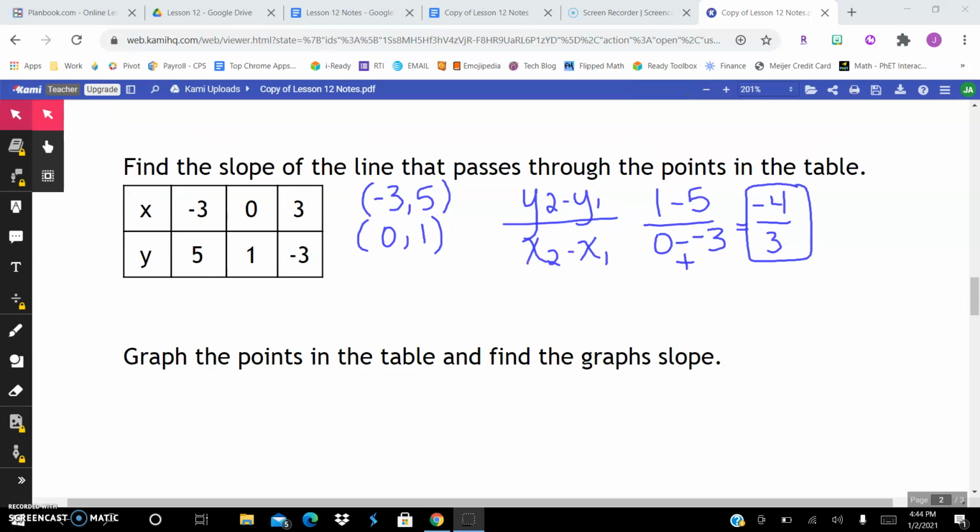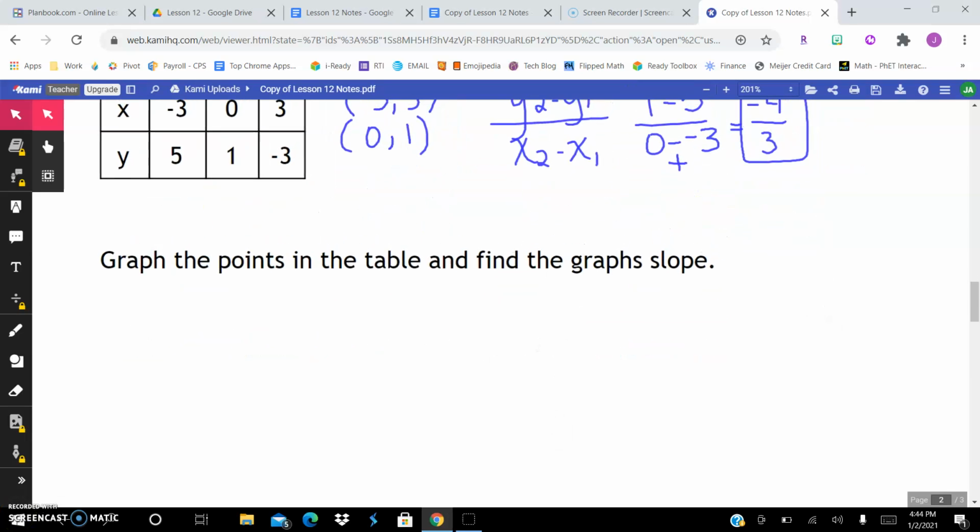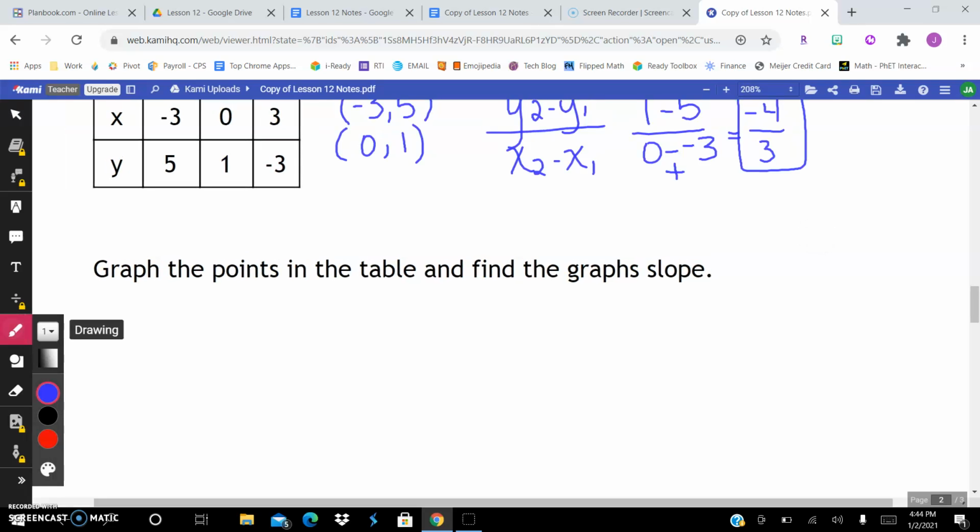Now we have to graph the points from the table and find the slope from the graph. So -3, 5 would be right here, over 0, up 1, and over 3, down 3 would be here.